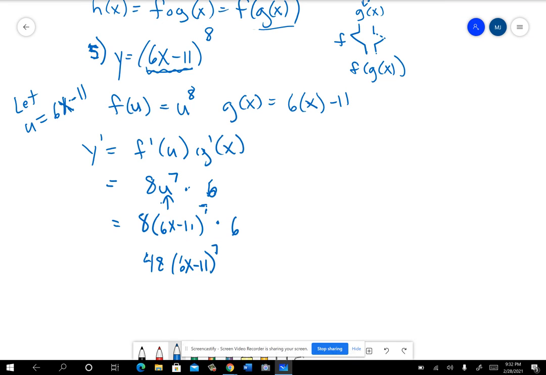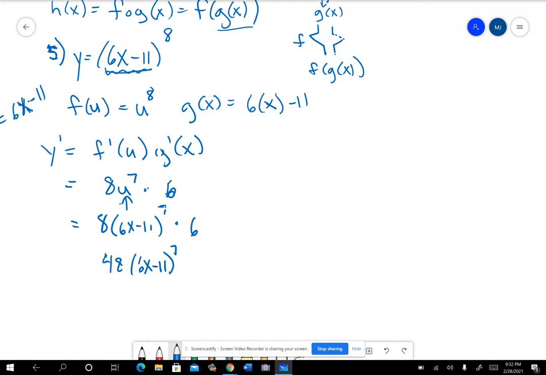Now, what we did in class, and what I would recommend, is that you take some time to identify the inner and the outer. You do want to notice that, but then instead of using that approach, when you go to do y prime, you can see the structure of a power function, something to the 8th power.